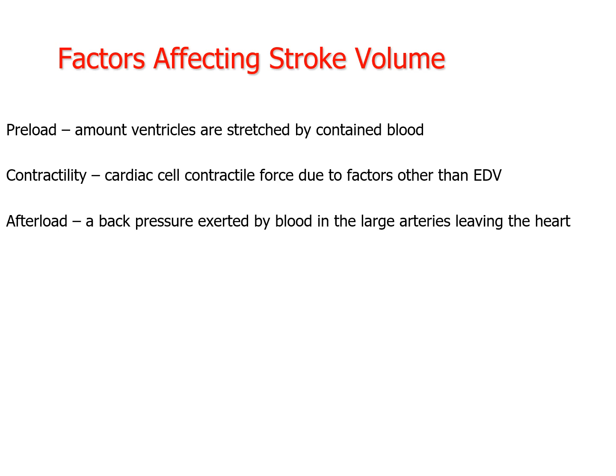Now there are certain factors that can affect stroke volume. One is called preload. When the ventricles fill, they are stretched out somewhat by that contained blood. The more they're stretched out, the bigger the preload, and the bigger preload will cause the ventricles to contract harder. Another factor is the contractility of cardiac cells.